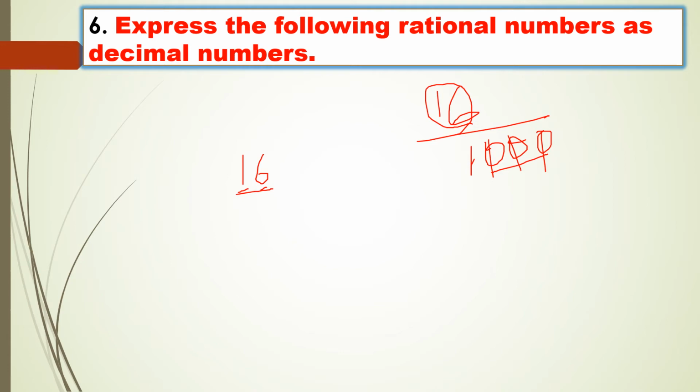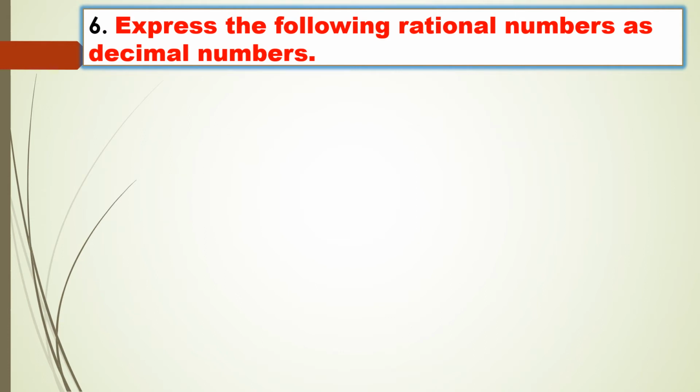So for one more place you should put 0, so 0.0. So your answer will be 0.016. That means however many zeros are there in the denominator, that many digits should be there after the decimal. Suppose I gave 314 by 1000.